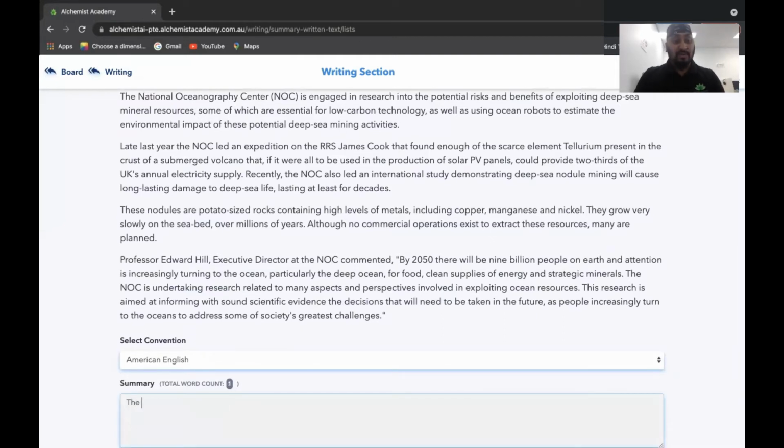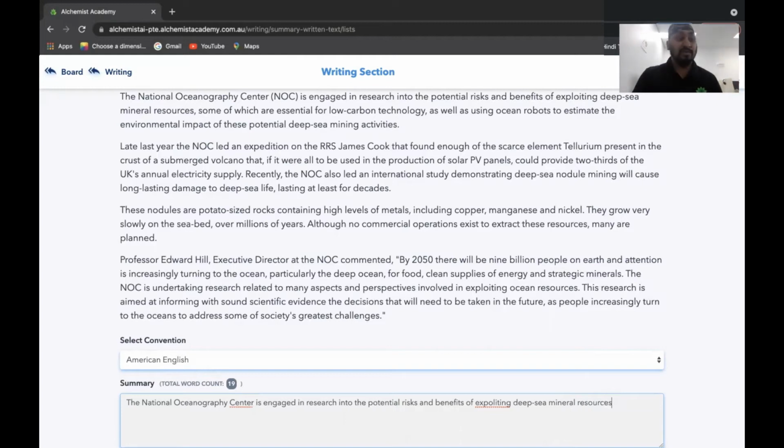So if I would just write this down: the National Oceanography Center is engaged in research into the potential risks and benefits of exploiting deep sea mineral resources.